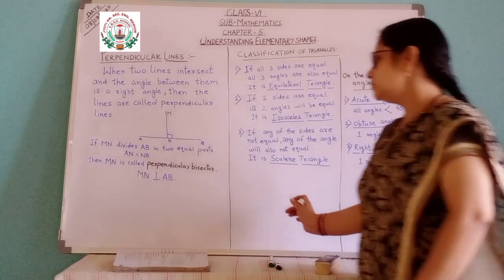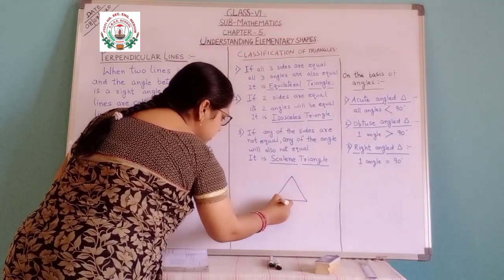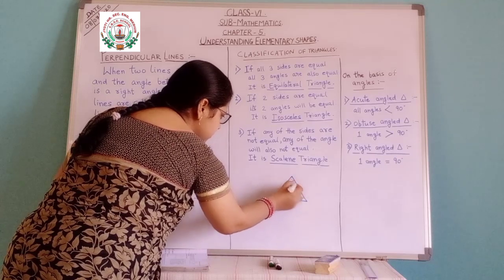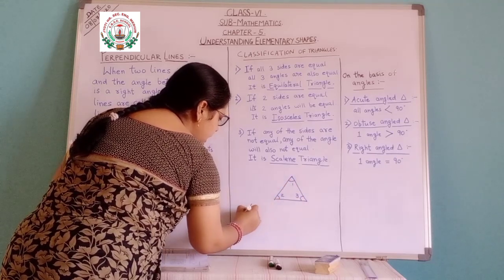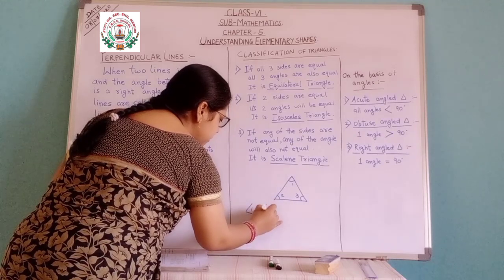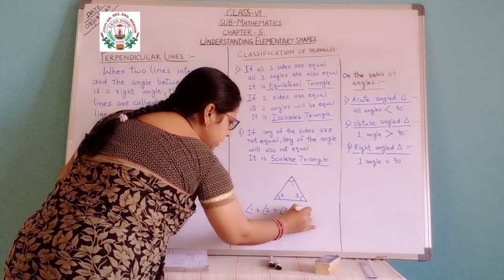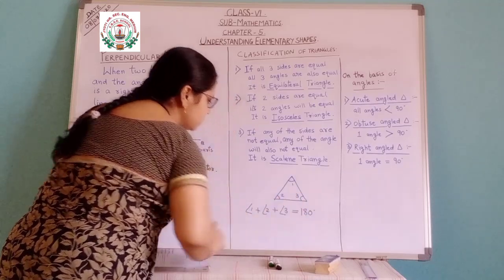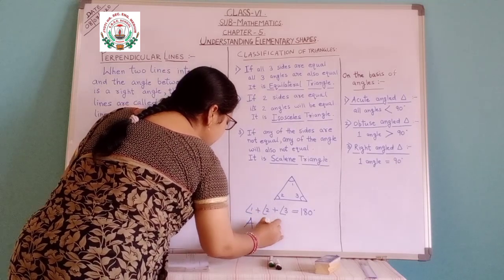Like, if I am taking any triangle, this is angle 1, this is angle 2 and this is angle 3. Angle 1 plus angle 2 plus angle 3 is always equal to 180 degrees. This is called the angle sum property.